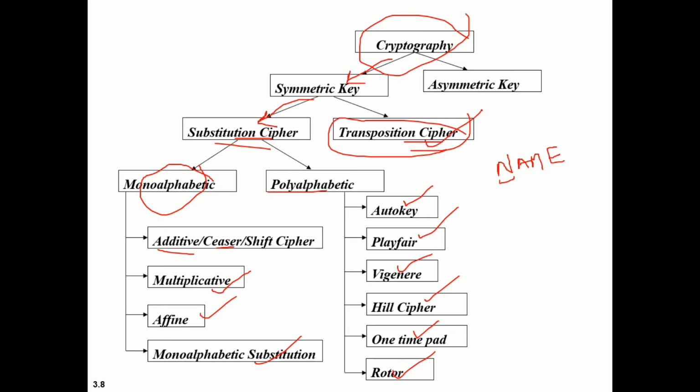But in transposition cipher, we'll be using these four characters only, but we will reorder them. Say for example, if I write a, e, n, and m, I am using only the four characters which are there in name, but I have reordered them. I've changed their position. So that is what transposition cipher is all about.